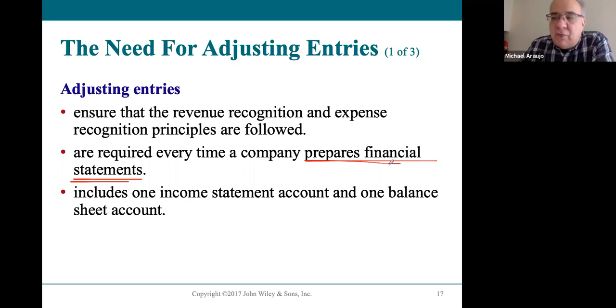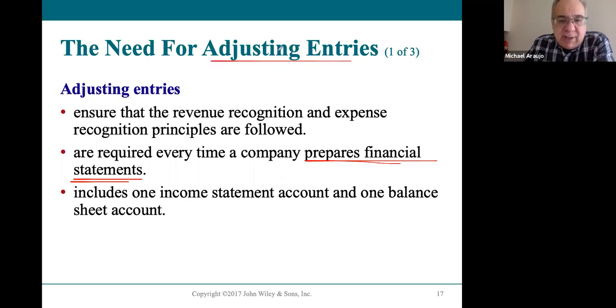And so it's very, very important that we make sure that all the revenue is there and all the expenses are there before we prepare the financial statements for that period of time. And so we go through a process called adjusting.